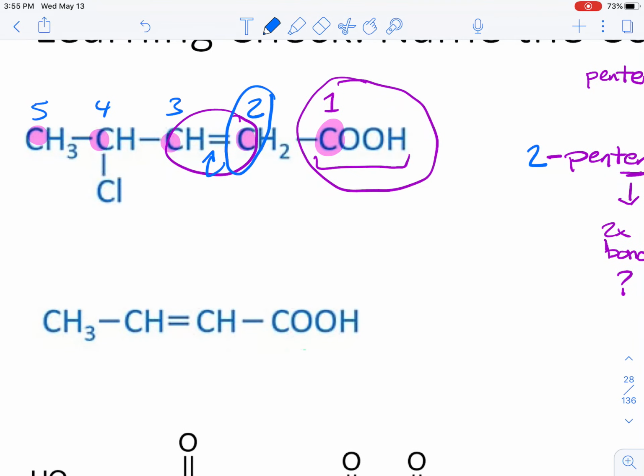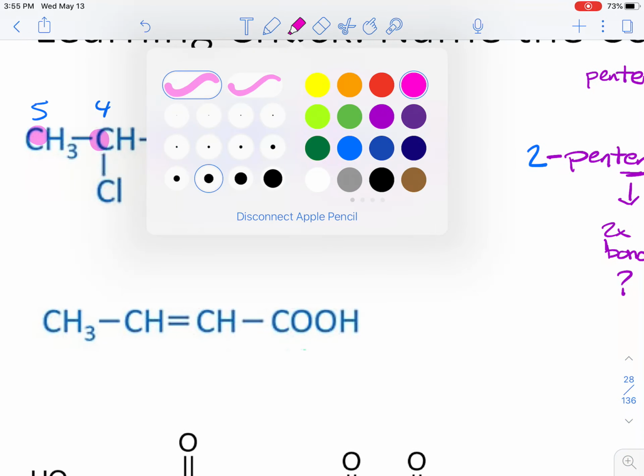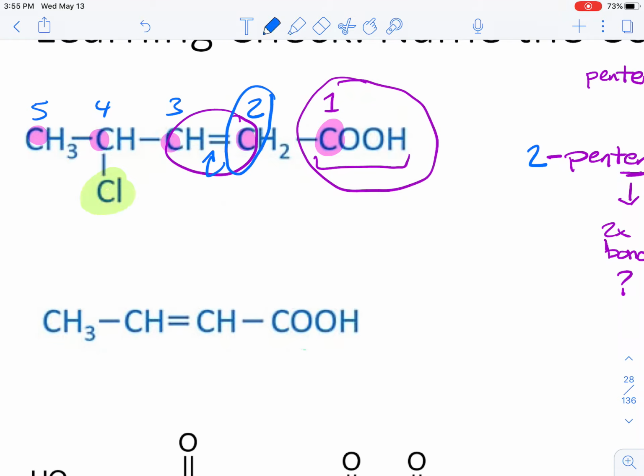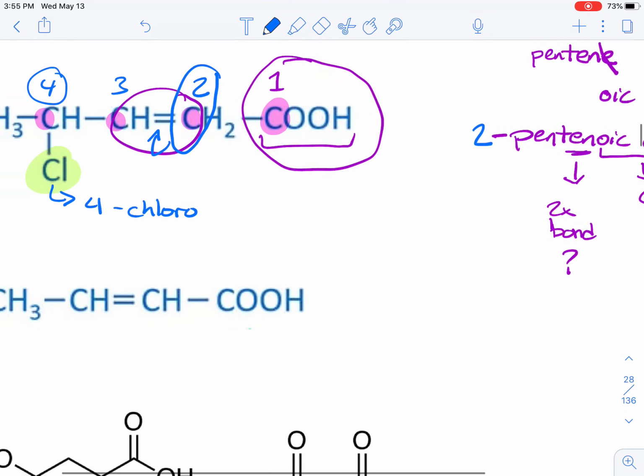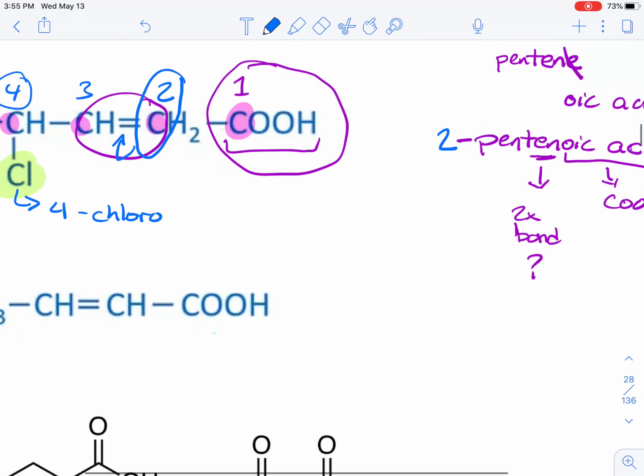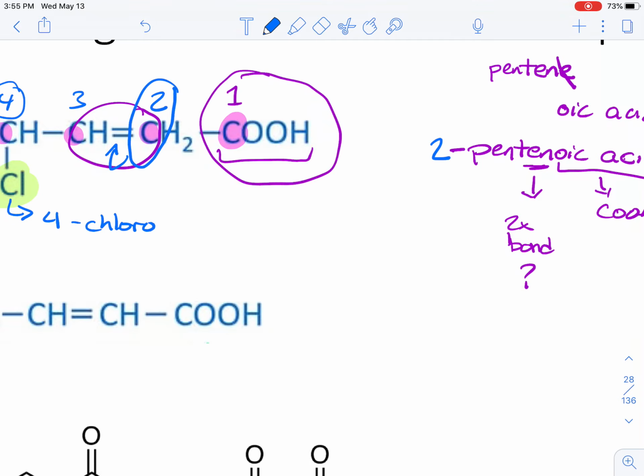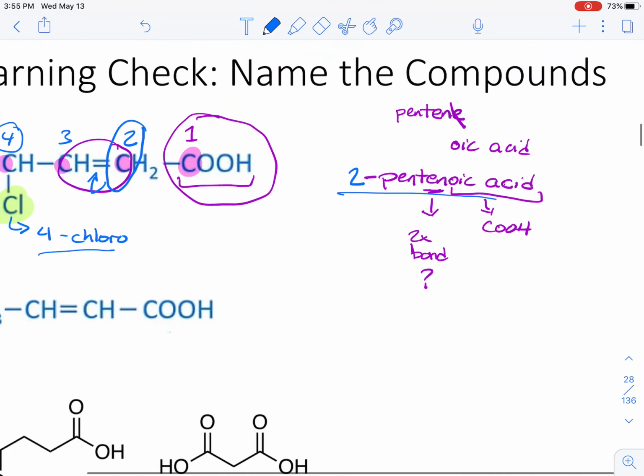It looks like we have a substituent, which is a chlorine group, and it's on carbon number 4. So this is going to be 4-chloro. And so overall, we can go ahead and combine these two pieces that we've written out together.